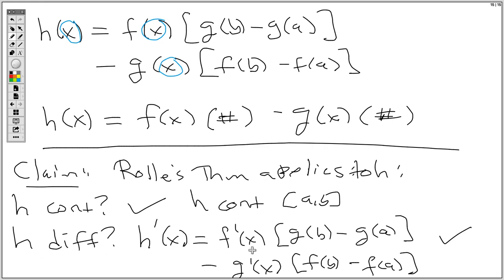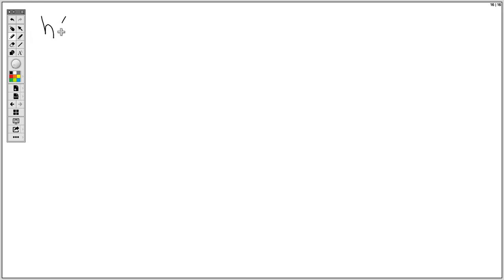We good taking the derivative there, folks? So derivative of f times a number minus derivative of g times a number. So now we have to show that h of a equals h of b.